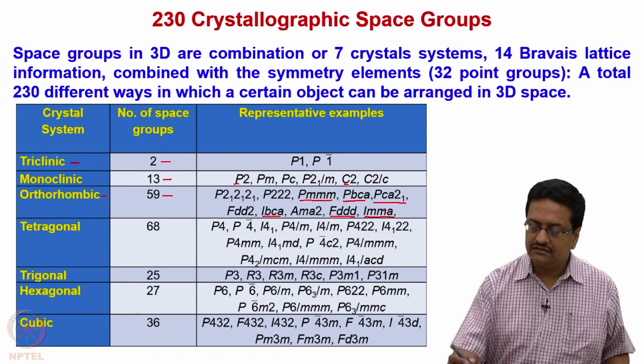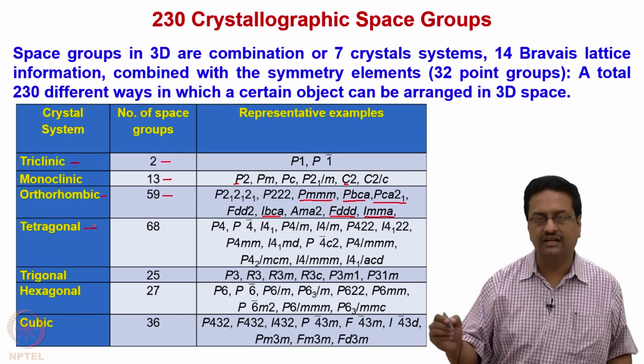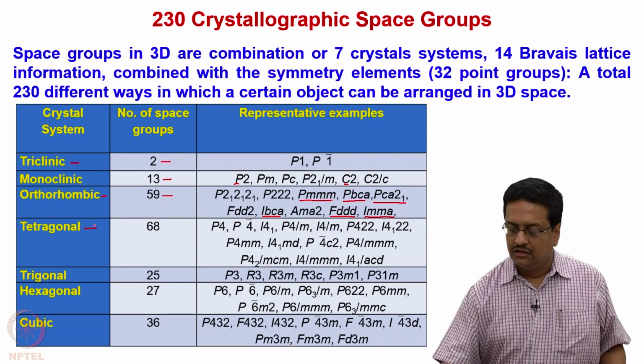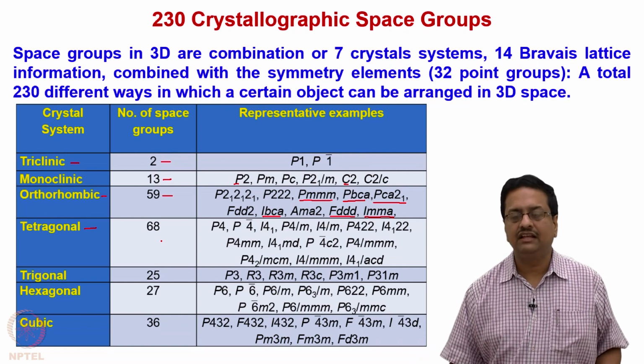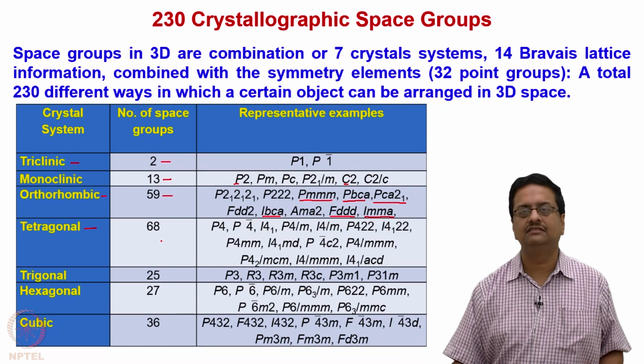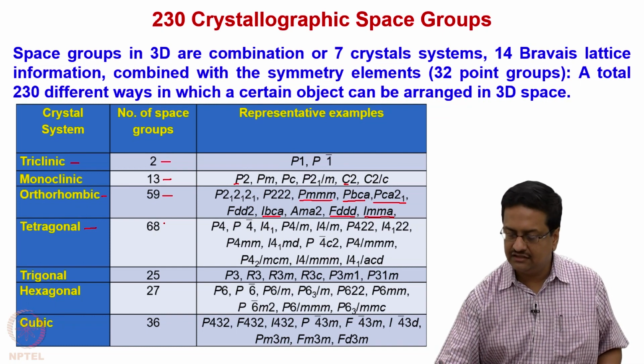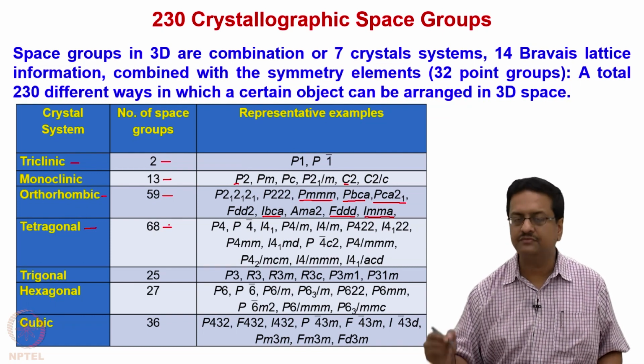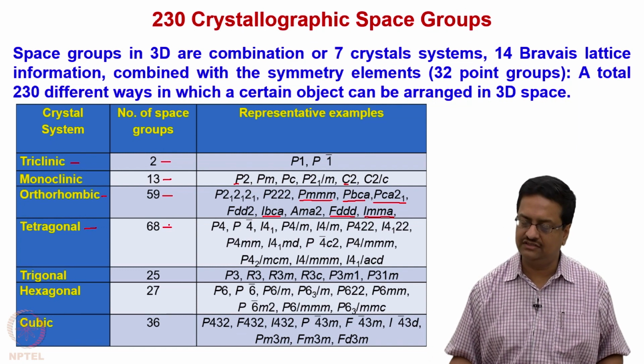The next higher symmetry crystal system is tetragonal. As we have seen in the previous lecture, the tetragonal system has a large number of possibilities of point groups. As a result, it has the largest number of space groups that belong to tetragonal system.